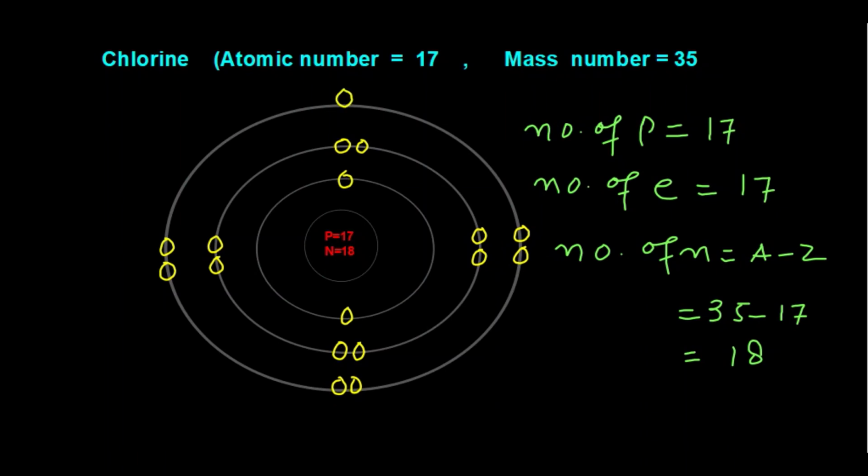In this way we write number of electrons for chlorine atoms in different shells, and we write the positions of protons and neutrons which are present inside the nucleus, while 17 electrons are present in different energy levels or shells. I hope this is clear.